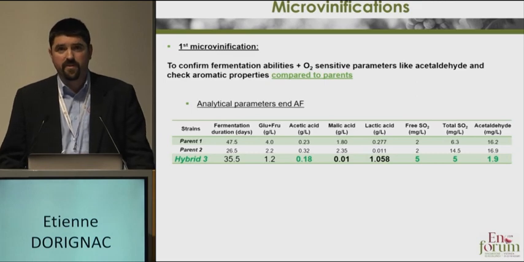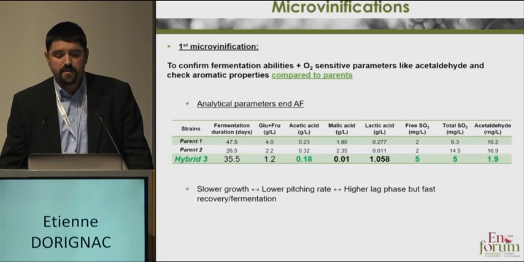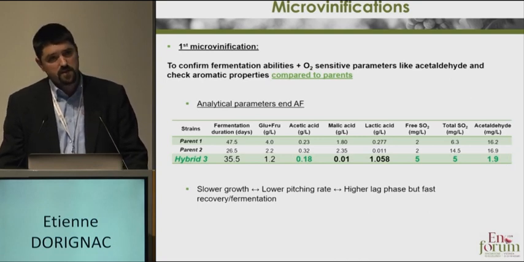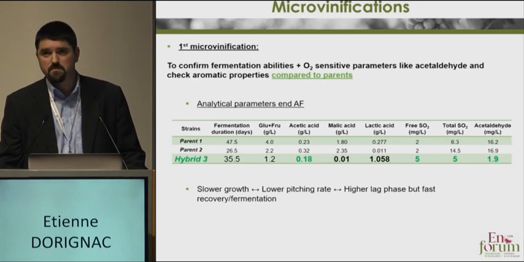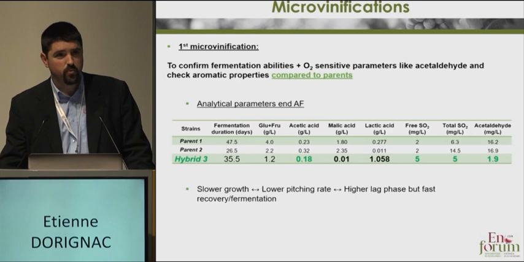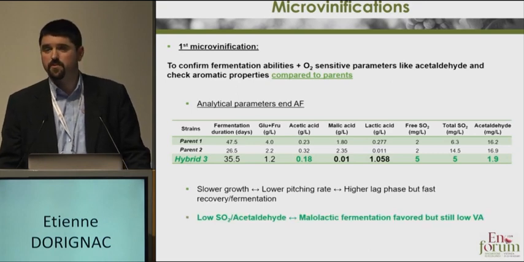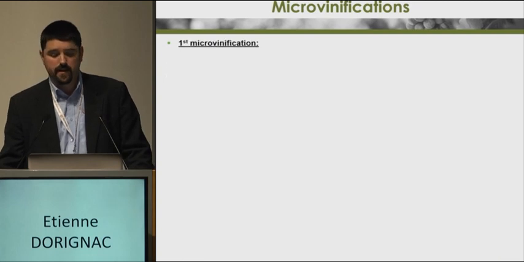Why? Because it was favoring the malolactic fermentation. And among all the parameters, this yeast showed a slower growth, with a lower pitching rate and a longer lag phase, but it was a fast fermenter. What was interesting was this really low SO2 and acetaldehyde production.